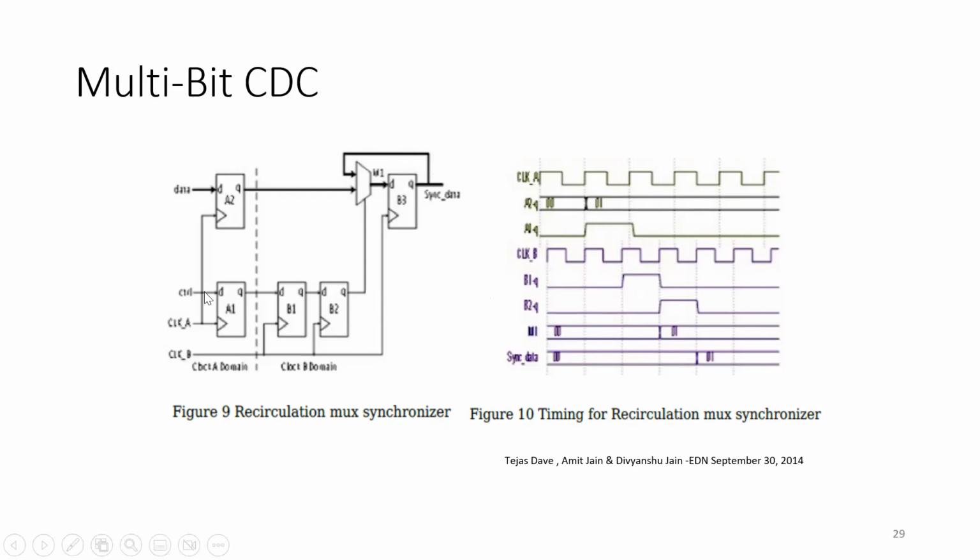This is the control signal that tells my system that this data is ready, so grab it to the output. So this is my control signal here. When it comes, it is going to follow the A clock.